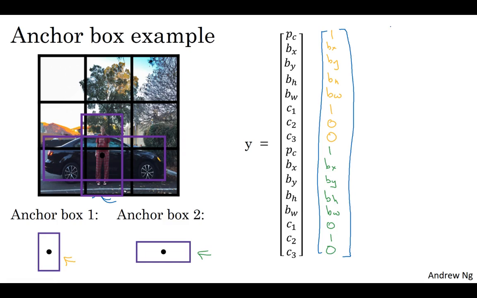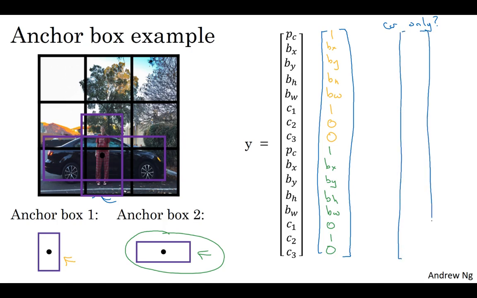Now, what if this grid cell only had a car and had no pedestrian? If it only had a car, then assuming that the shape of the bounding box around the car is still more similar to anchor box 2, then the target label Y, if there was just a car there and the pedestrian had gone away, would still be the same for the anchor box 2 component.